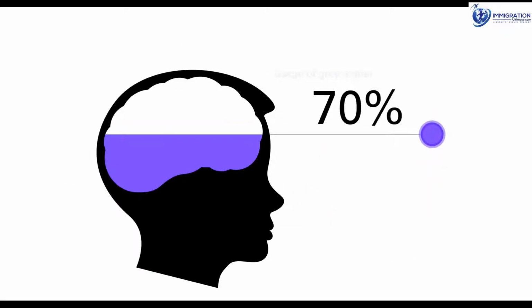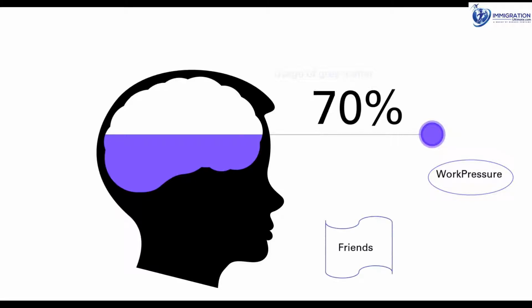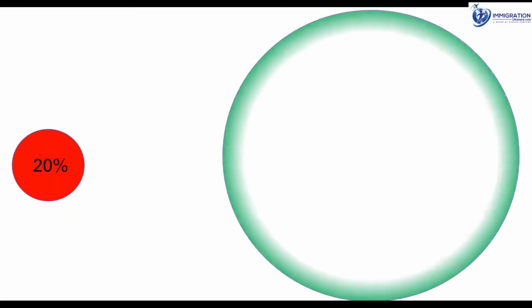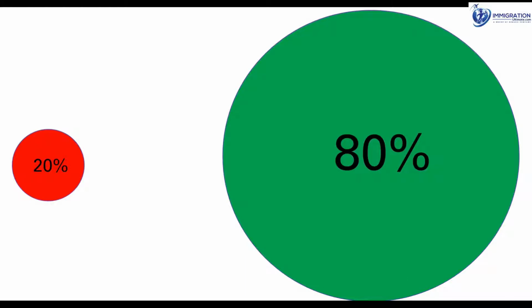Nearly 70% of the mind is busy with work pressure, friends, movies and such problems. Therefore, the 20% rule is needed to give 80% of the output.